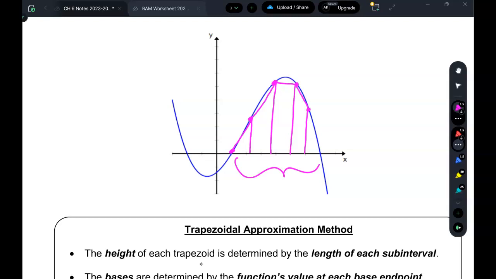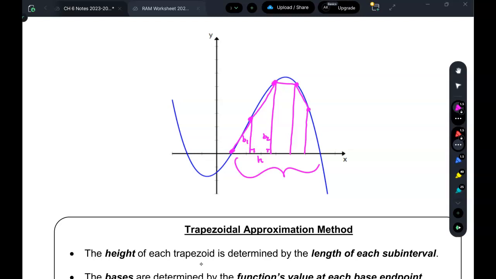If you look, you see our little right angles here at the bottom. You see why I switched around the trapezoid? Each of these will be a height, and then we have a base 1 and a base 2. Then we have another one, base 2, base 3, and base 3, base 4.